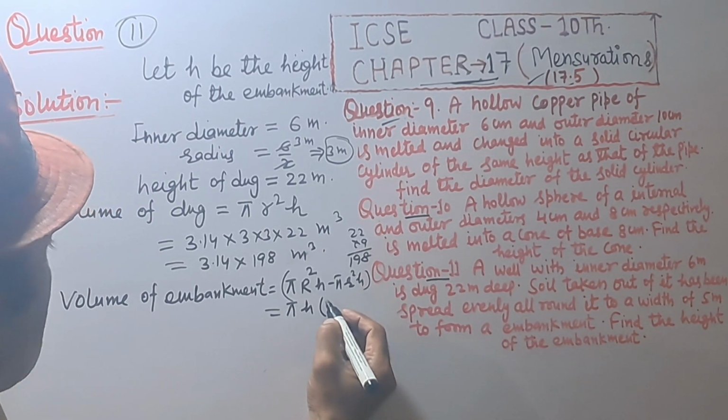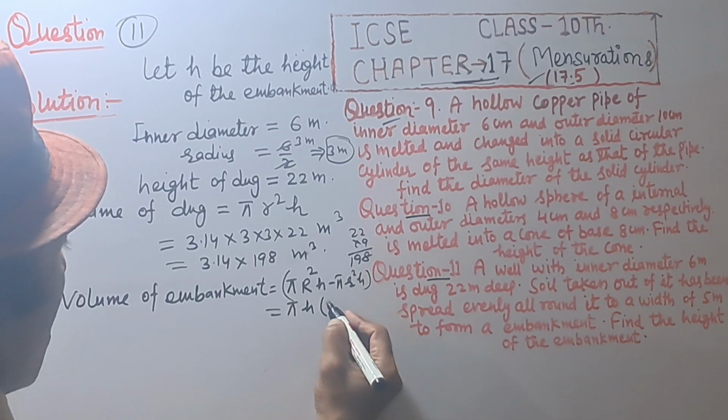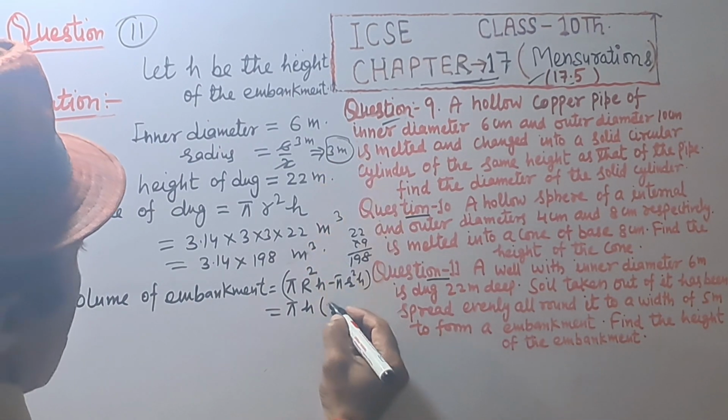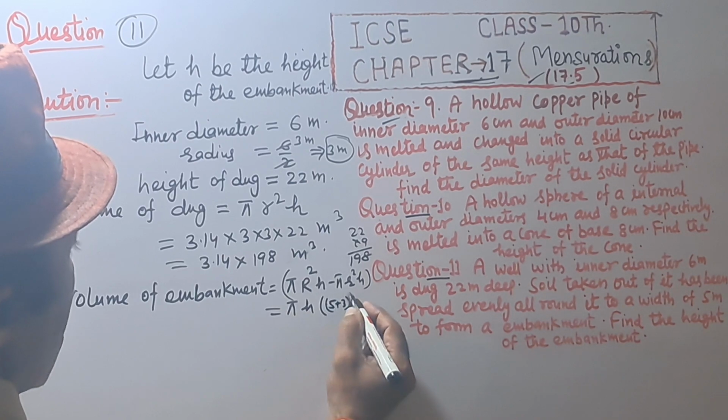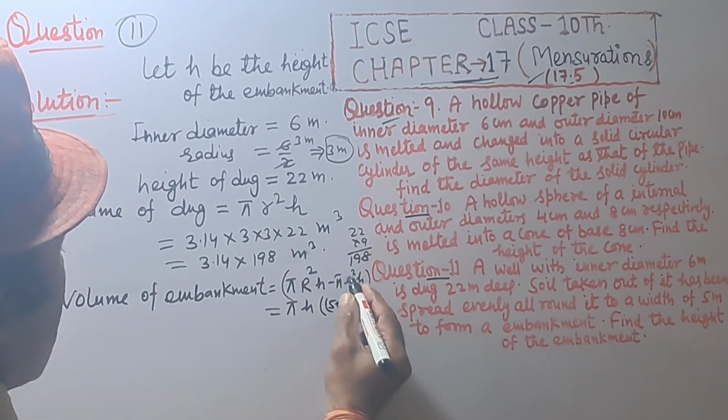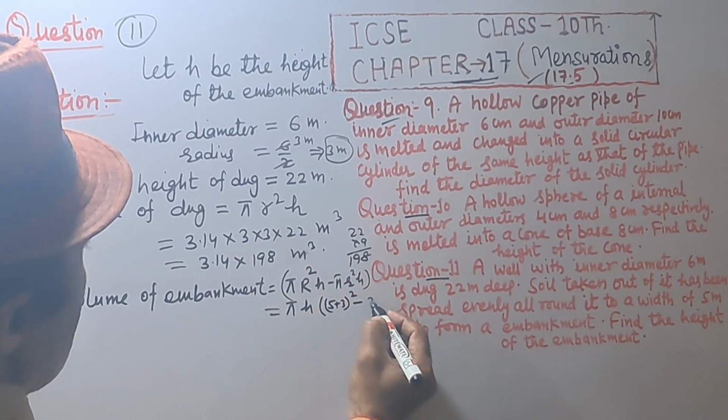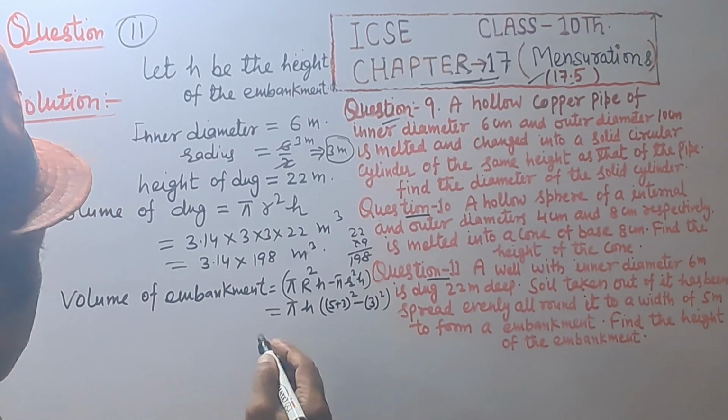So external radius is equal to 5 plus 3, that is 8 raised to power 2, minus internal radius 3 raised to power 2.